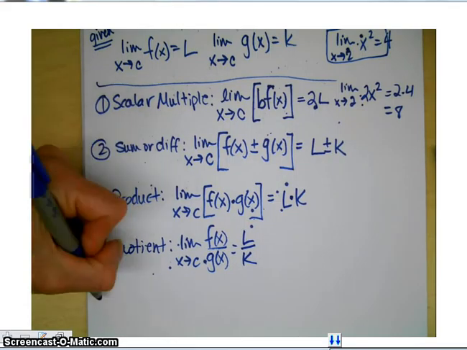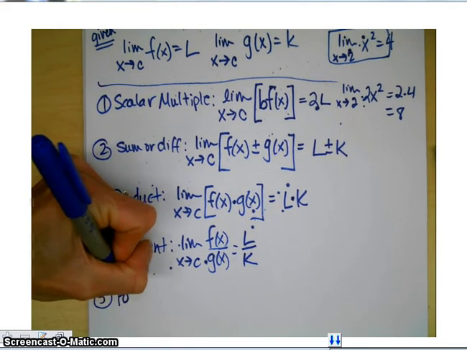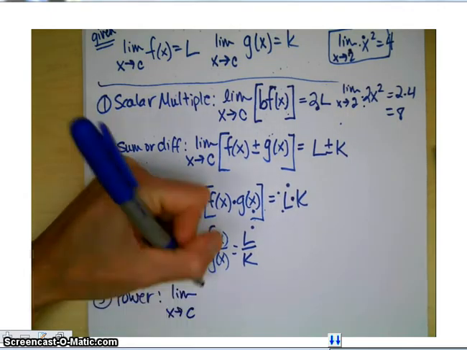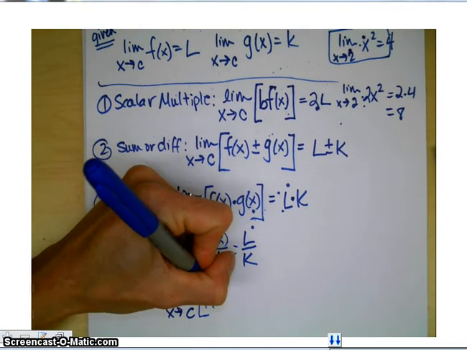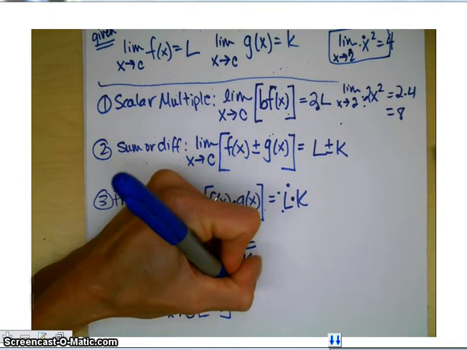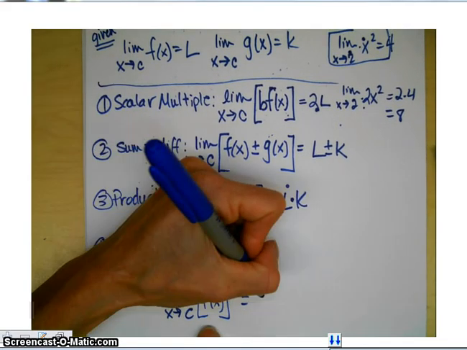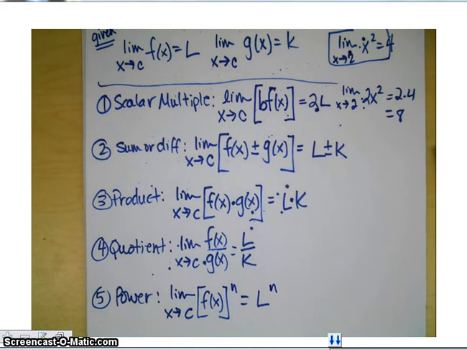All right, and finally the power. The limit as x goes to c of, say, f of x to a power, well, in keeping with all the others, it would be that limit to that power.